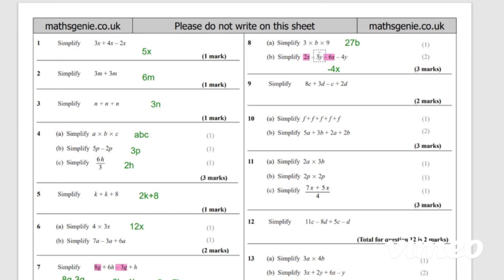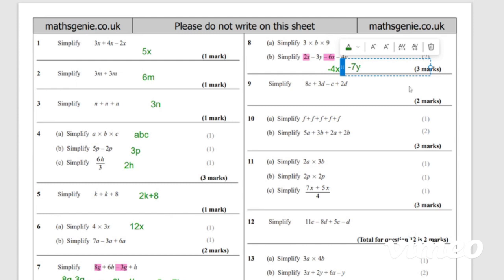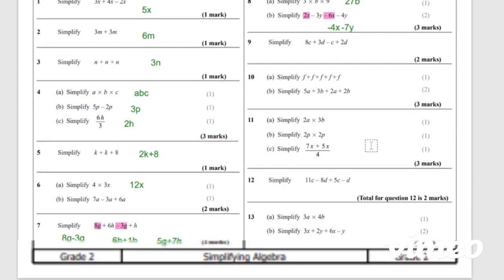And then I've got minus 3y minus 4y. So minus 3 take away 4 is going to give me minus 7. And I can't forget my variable here, which was y. So we put that together and we've got minus 4x minus 7y.